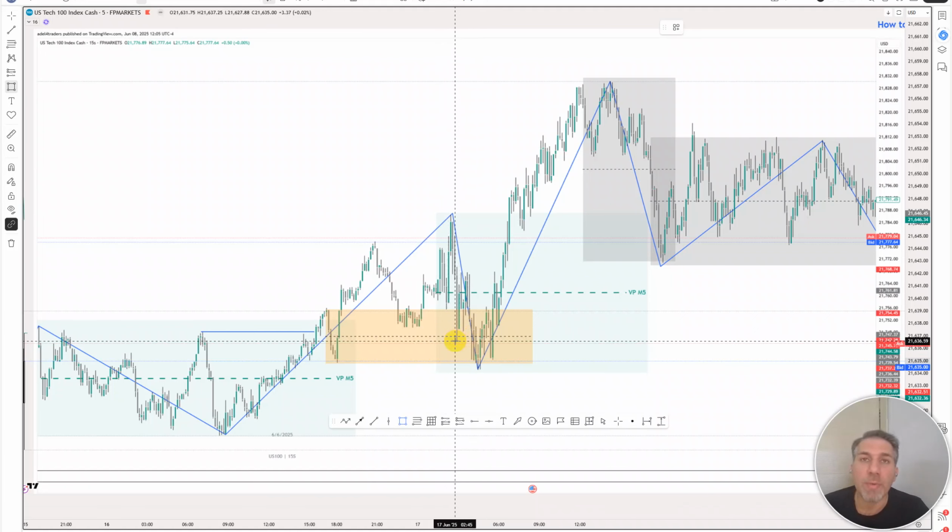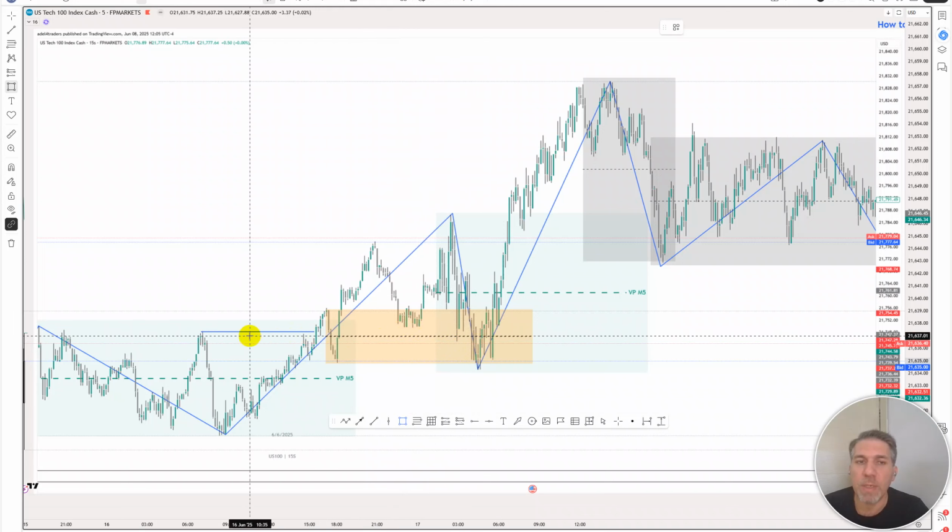Or you can wait for the reaction, see how the price approaches and how it reacts to this FTR, and later take your decision and get involved. The entry things are for other sessions. For now, we're just going to work on the FTR zone.